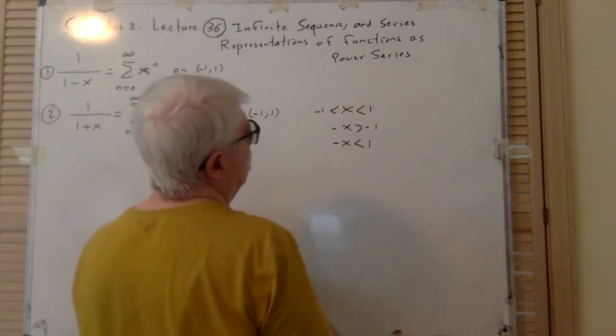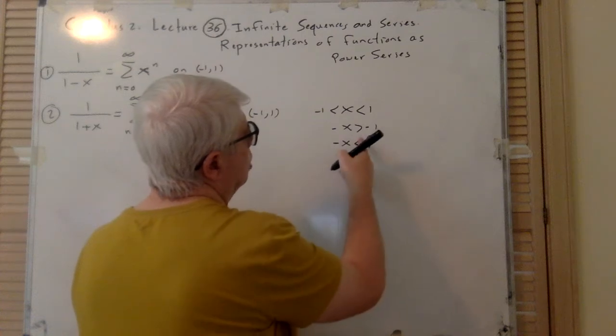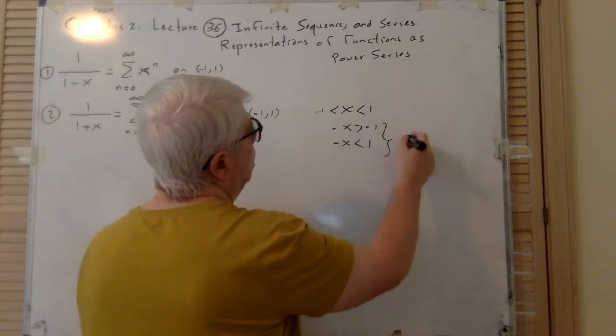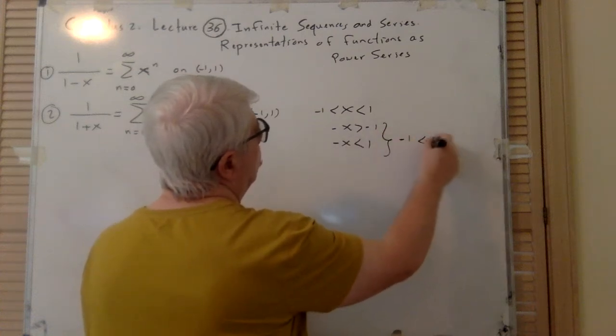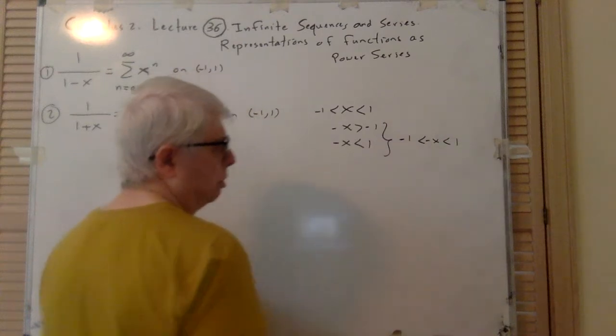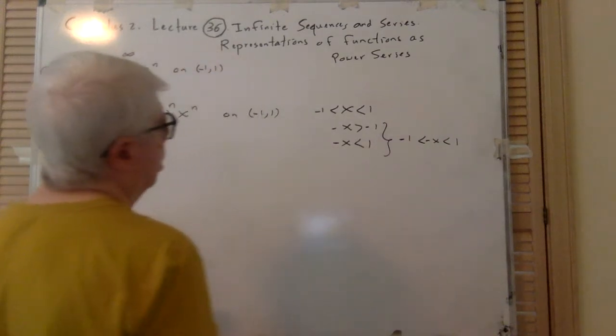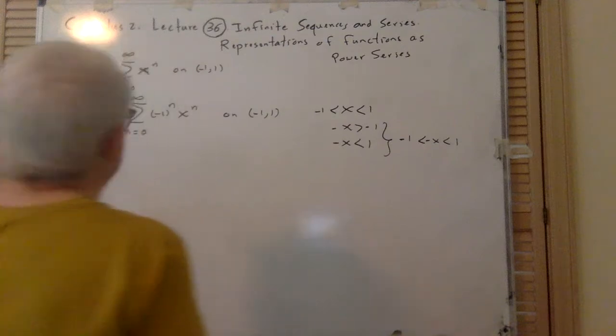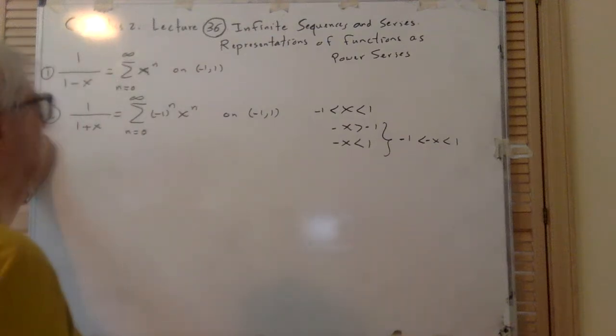So what does this mean? Minus x is less than 1 and bigger than -1. That's the same thing, right? So I just wrote something that students usually write as a big mistake. Anyway, now what happens if I write x squared here?